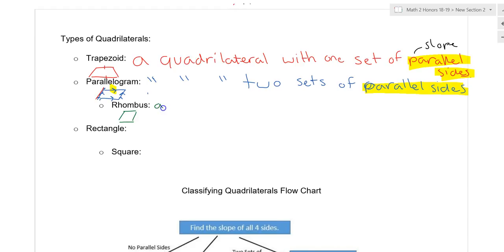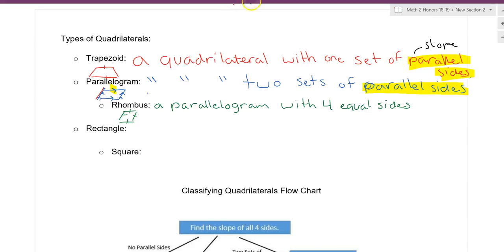A rhombus is a parallelogram, a certain parallelogram with 4 equal sides. So not only are they all parallel, but all 4 of those sides are the same length.